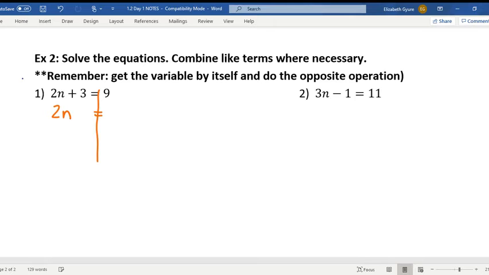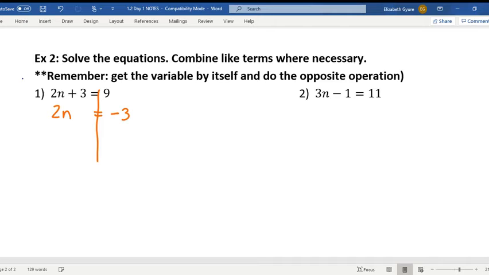Now, when you move something to the other side of the equal sign, you kind of got to do the same. It needs to balance out, right? So if I take a positive 3 and I move it to the other side, it's going to become a -3. We're going to move it over because technically, what's the opposite of adding? Subtraction, right? So when I move it over, it's going to become the opposite.